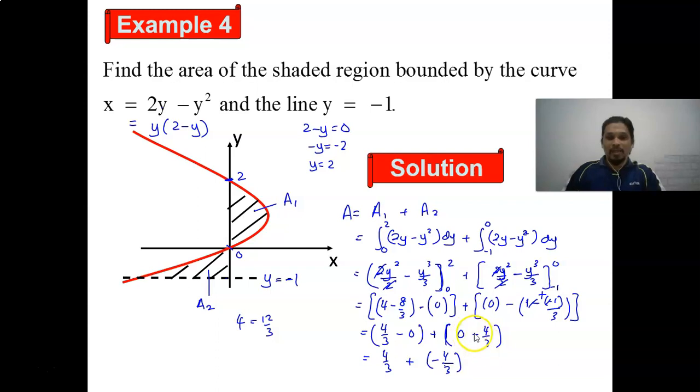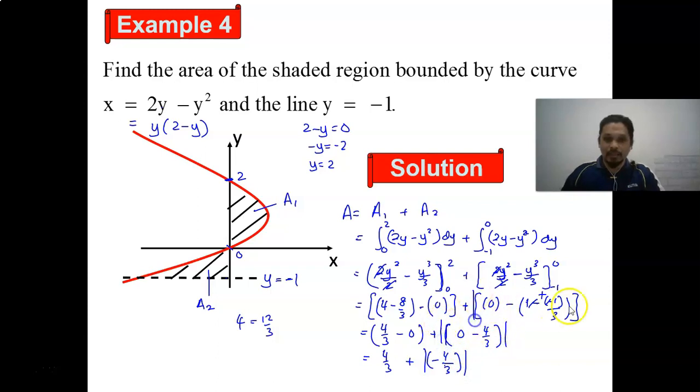Now, why did we get negative 4/3? Please remember that the area on the right side of the y-axis is positive and the area on the left side of the y-axis comes out negative. So that's why we use absolute values.